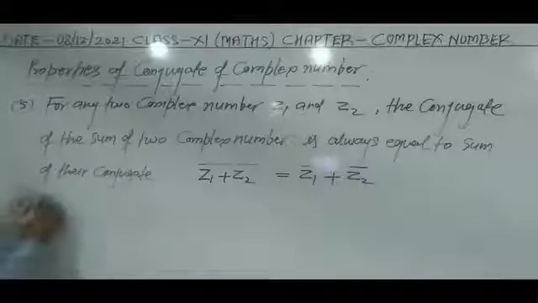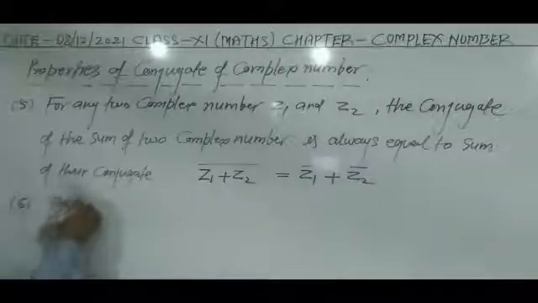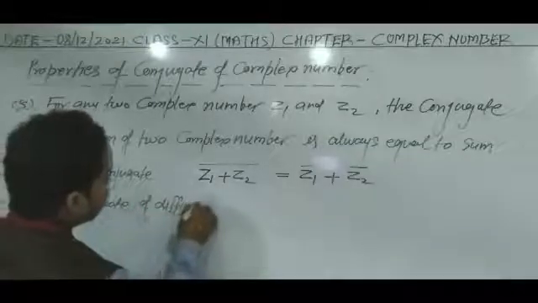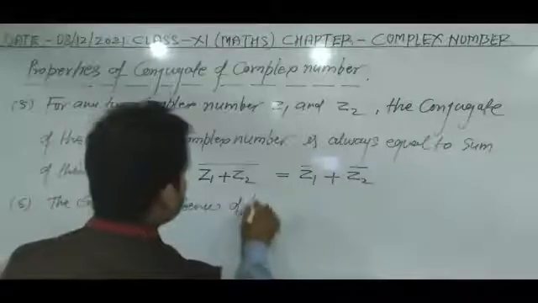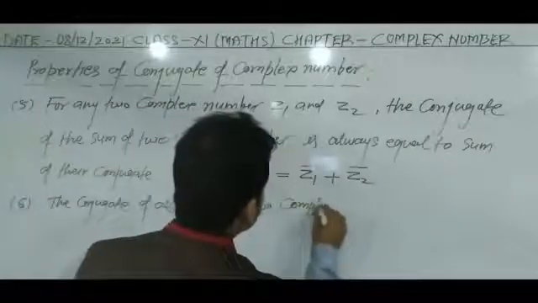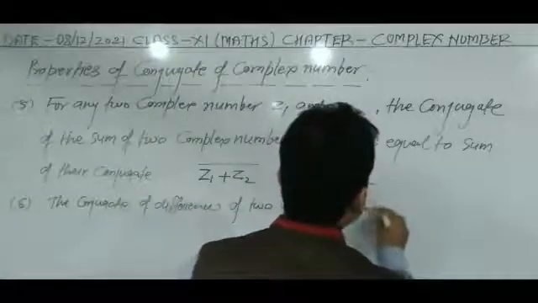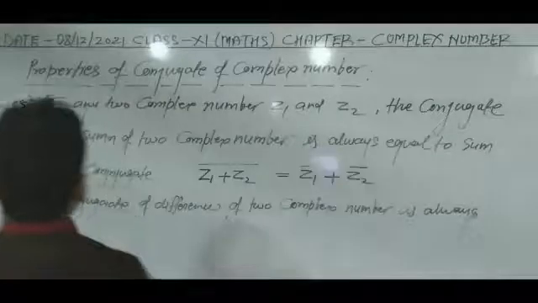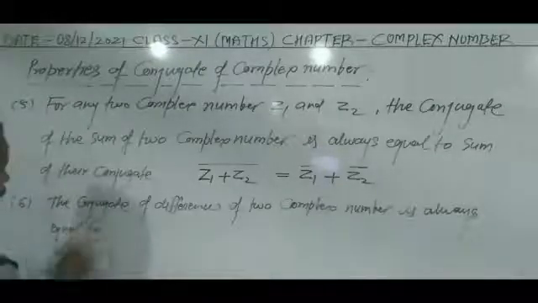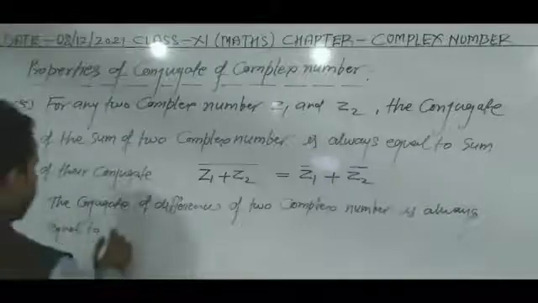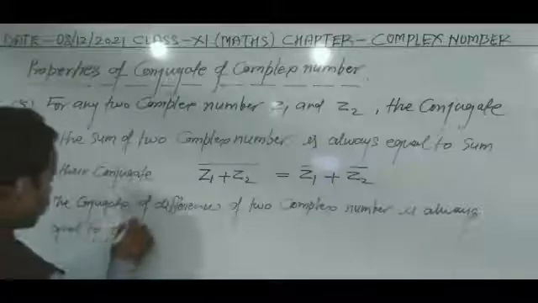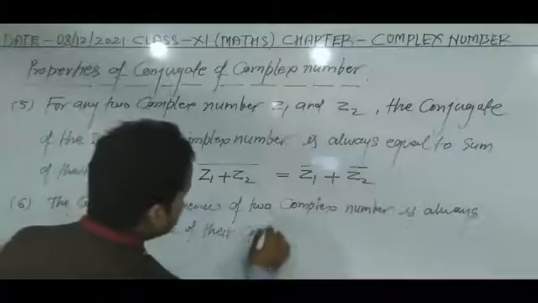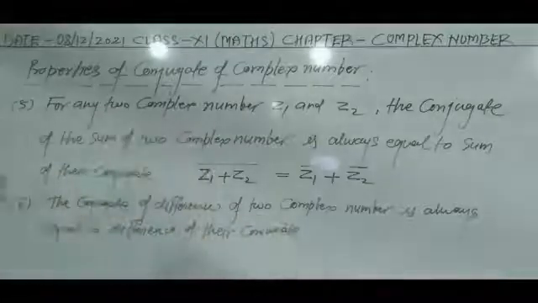Now sixth is the conjugate of the difference of two complex numbers is always equal to the difference of their conjugates.